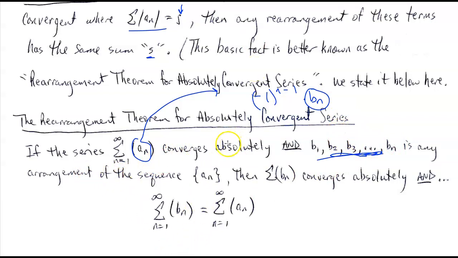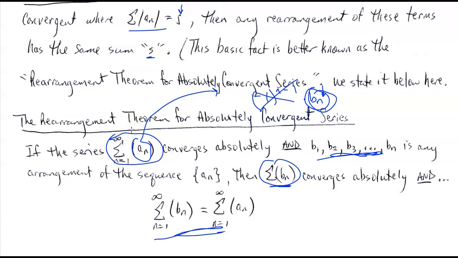So we take this series, it converges absolutely, and we look at all the terms of this sequence that has nothing but positive terms in it. Is any arrangement of this particular sequence a sub n, then this corresponding new series with just this in it without this part converges absolutely, and we see that both this series and this series end up adding up to be the same thing.